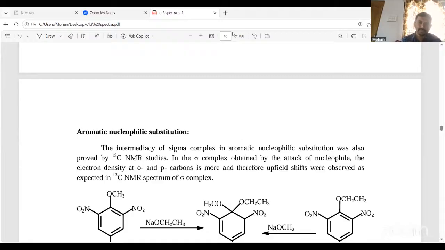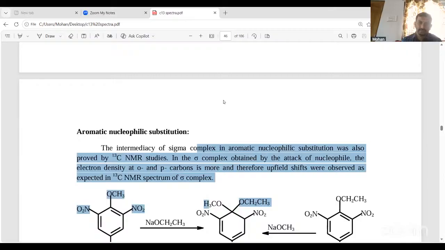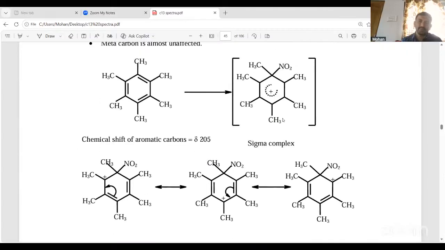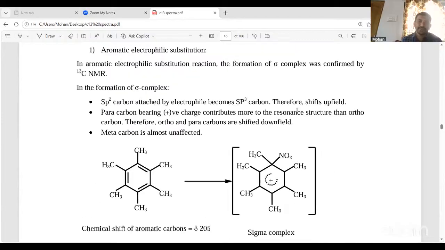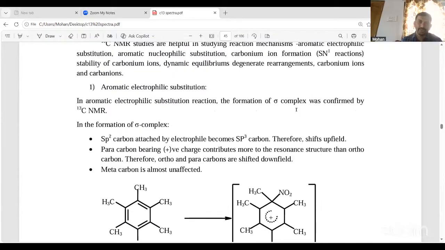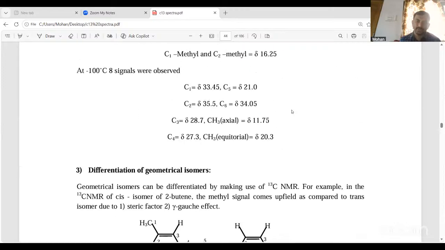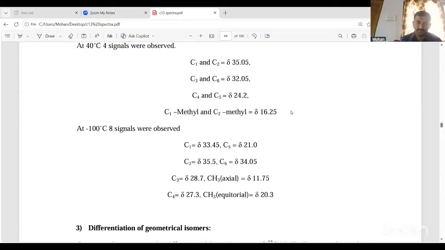A few of the examples we have seen in the last class show where C13 spectra is applicable. It has so many applications, like studying the reaction mechanism, conformation analysis, and identifying isomers.